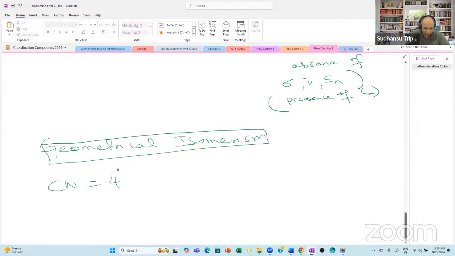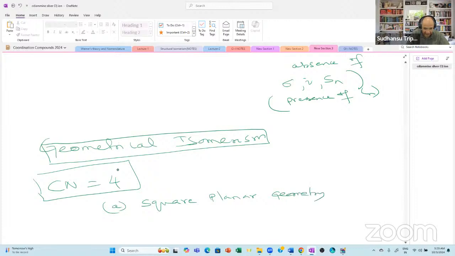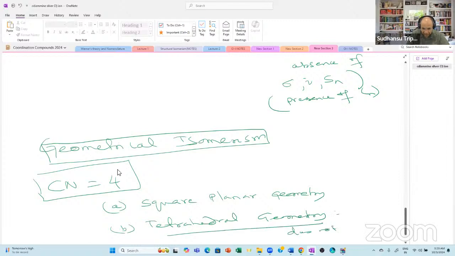And in coordination number 4, there are two geometries, SP square planar geometry, and tetrahedral geometry. This tetrahedral geometry does not show geometrical isomerism.